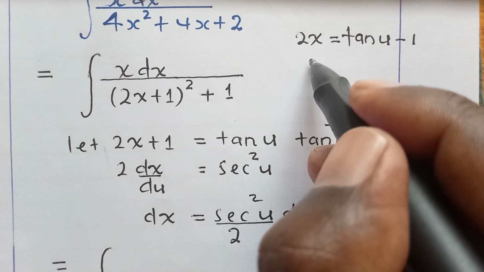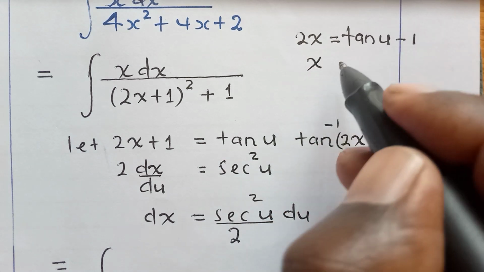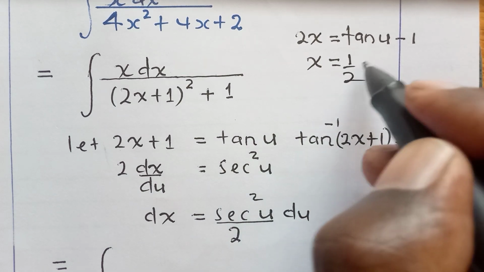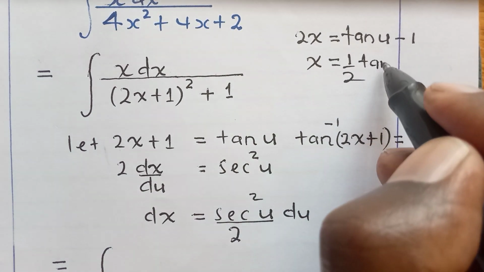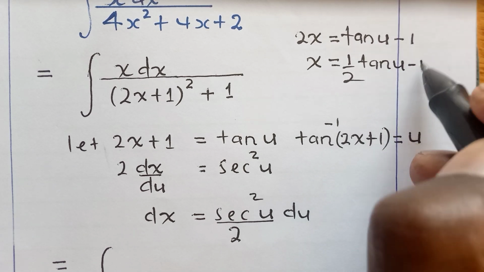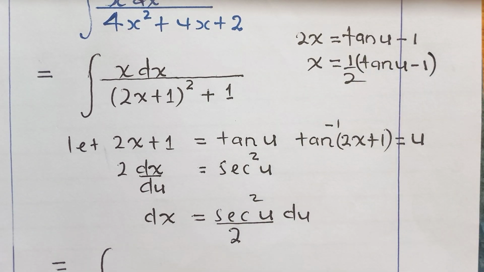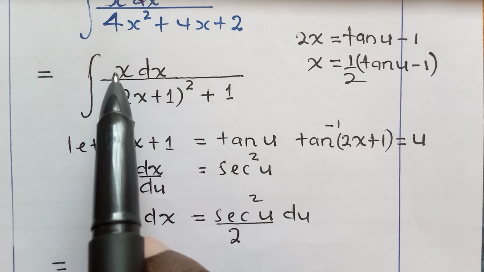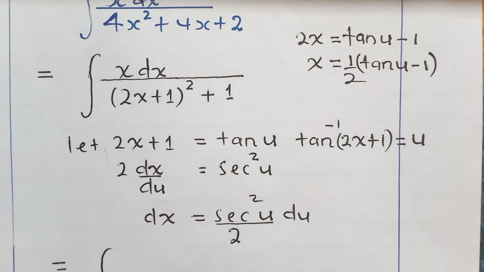Then x is going to be equal to 1 over 2 tan u minus 1. So this one is our x.